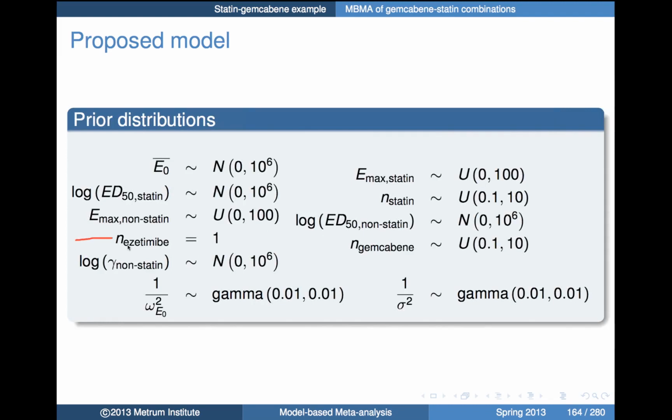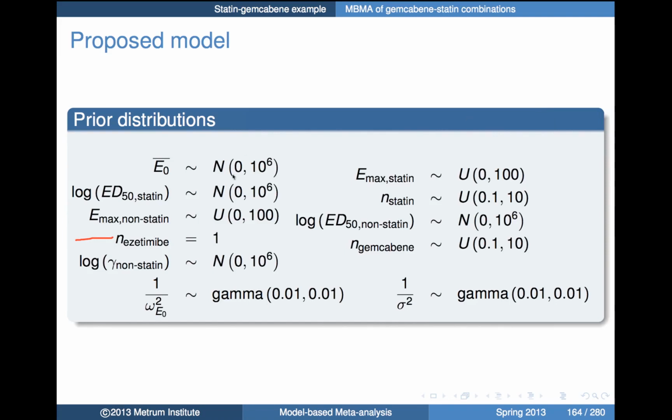During their model development, they concluded that the exponent for ezetimibe couldn't be shown to be anything different from 1, so they just assumed it's 1. For us, that's equivalent to using a prior distribution that's just a point value. But the rest of these are pretty weakly informative priors.